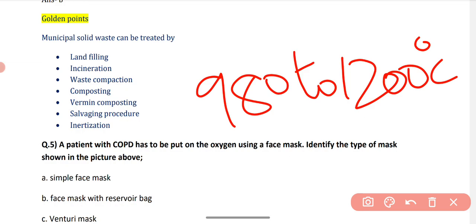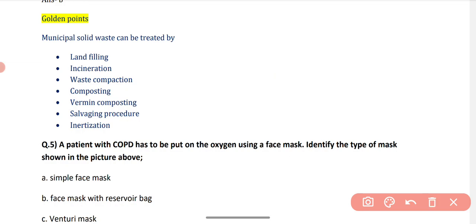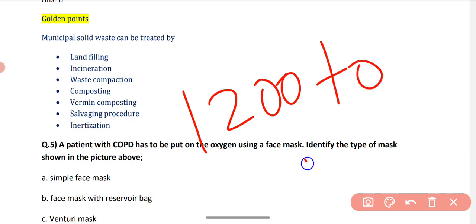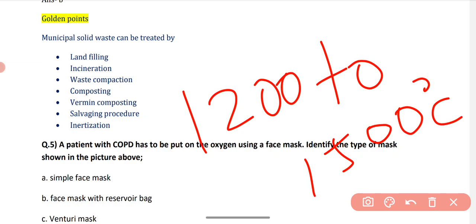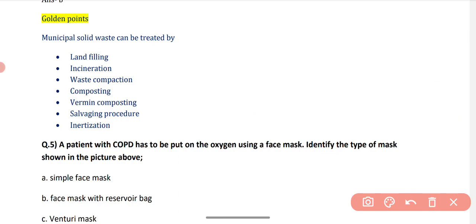Or if the waste is not burning easily, then they will increase the heat to 1200 to 1500 degrees centigrade. Incineration works in the presence of oxygen at 1200 to 1500 degrees centigrade. So that is called incineration.